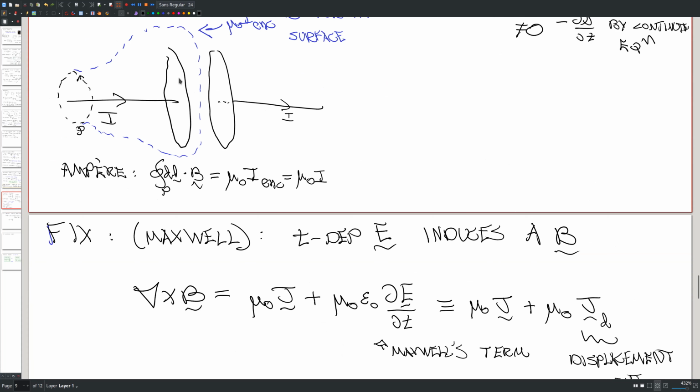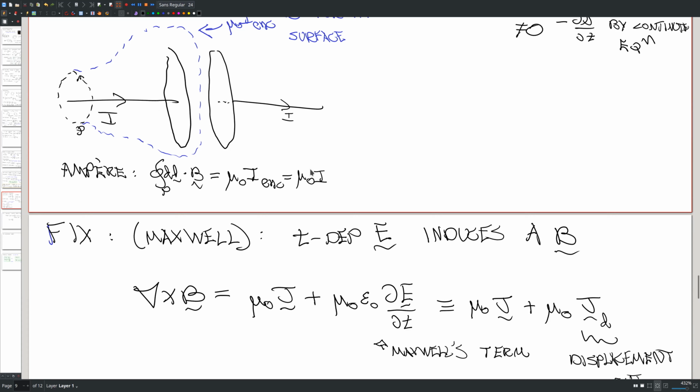If I've got a certain surface charge density sigma on both ends, then there would be a discontinuity of sigma over epsilon 0 across the two boundaries. Between the two capacitor plates, there is an electric field which depends on the surface charge density. But the surface charge density is increasing in time, and my current is going this way. Therefore, there is a time-dependent electric field between the plates.